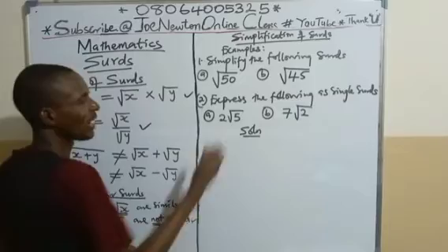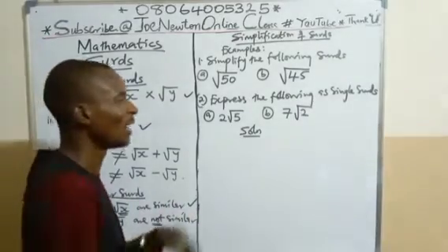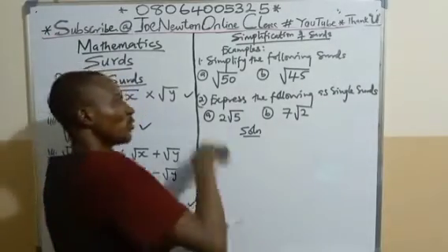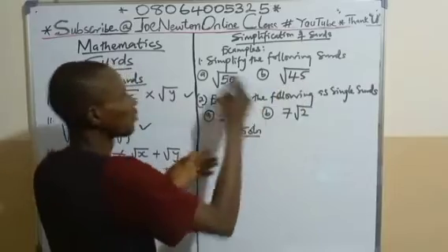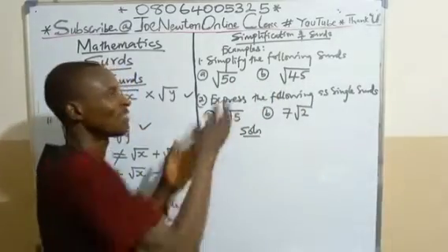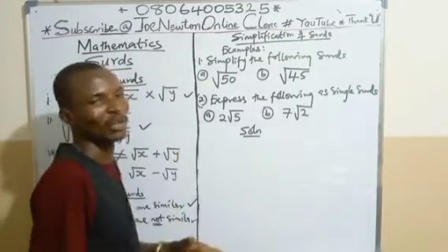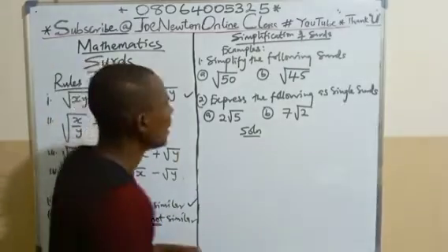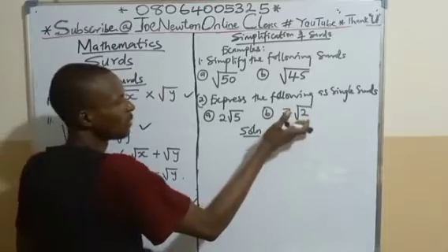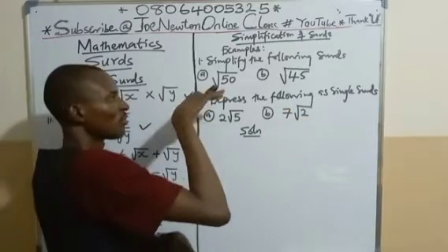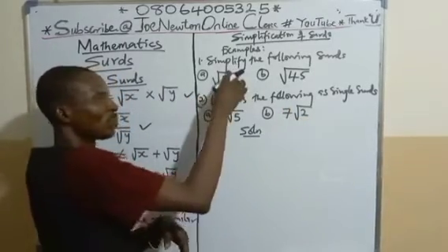You can be given surds that have both rational and irrational parts, and we are asked to express them as single surds. Simplification means you simplify a surd into its rational and irrational parts. Then when you are given the other form, you take it back to a single surd.